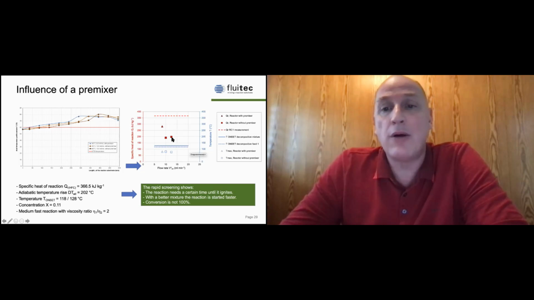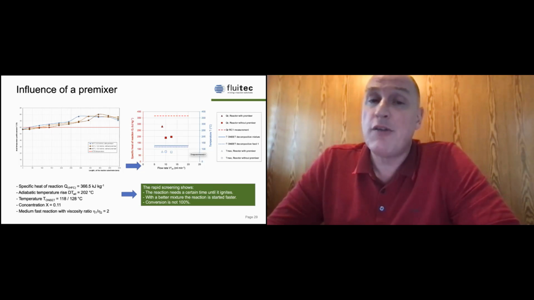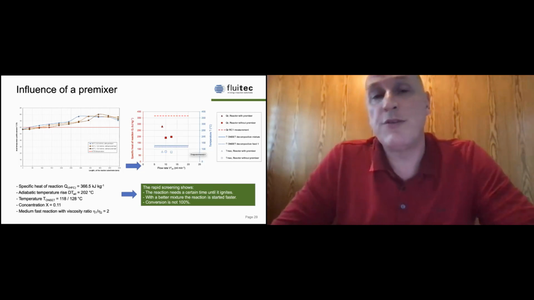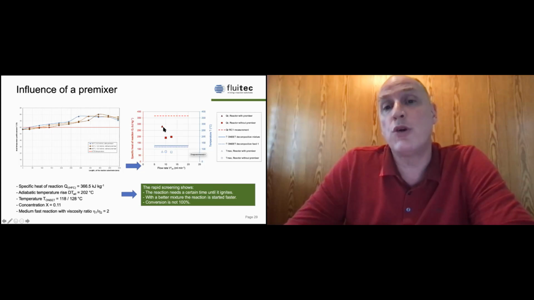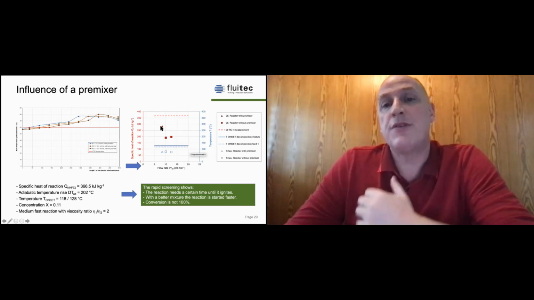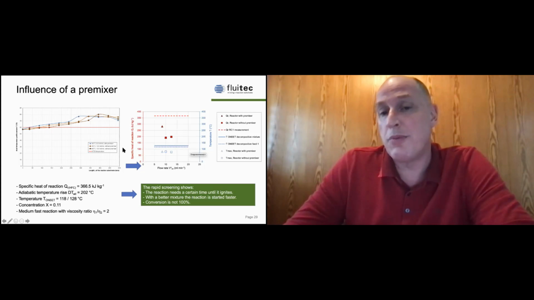So we need more residence time. This is quite easy to realize because we just plug and play with a second reactor. What you can see here is the result of the premixer. And you see, still we do not have full conversion, but we have more conversion thanks to the premixing.